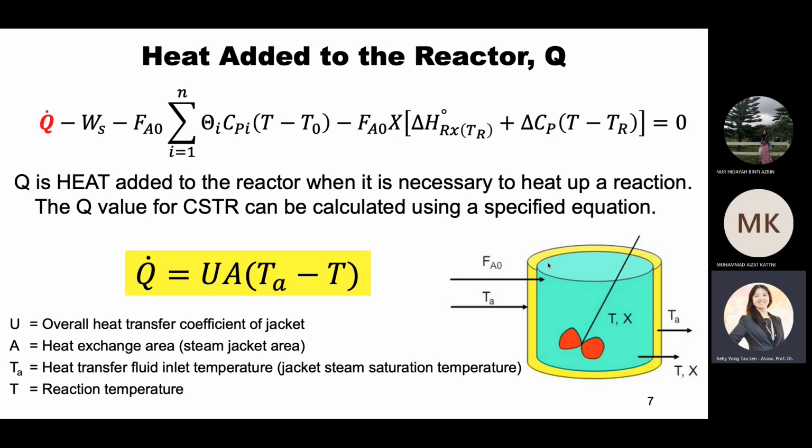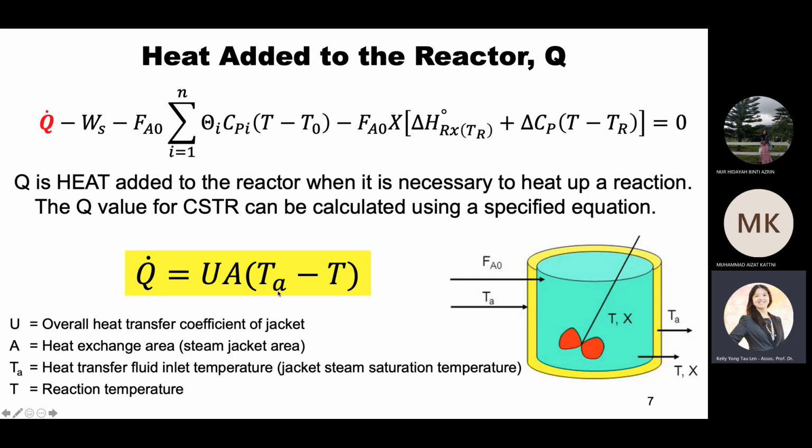Okay, so to calculate the Q, this U refers to heat transfer coefficient of the jacket. A is the heat exchange area, so your jacket area. So let's say kalau kita assume we are talking about using saturated steam to heat up your reactor, so the A is also equivalent to the steam jacket area.